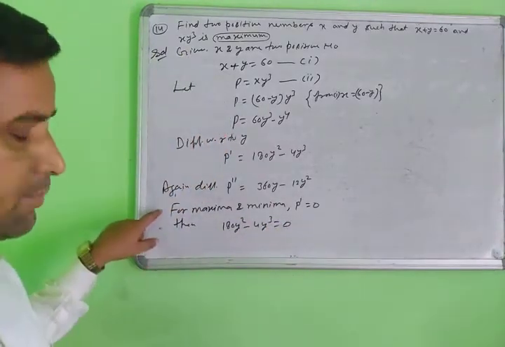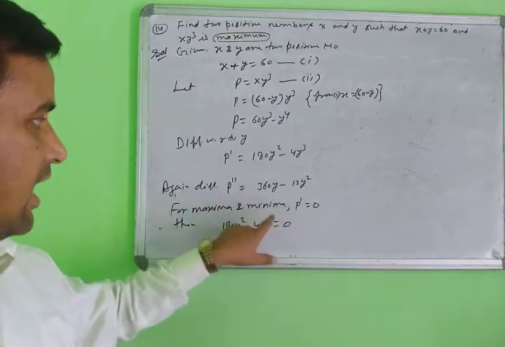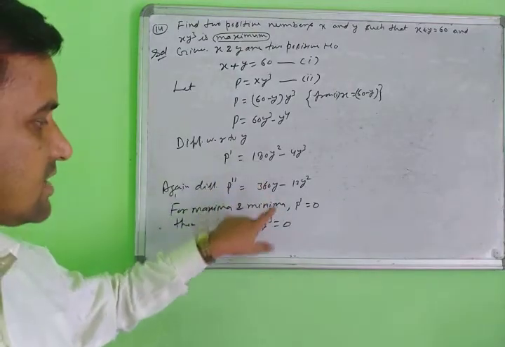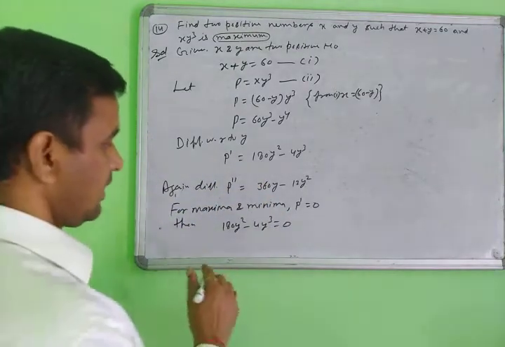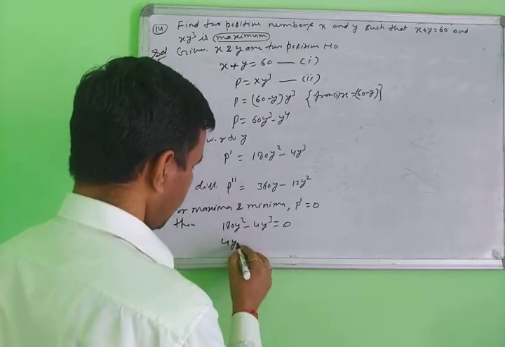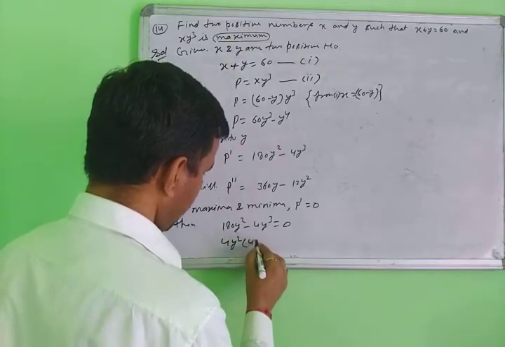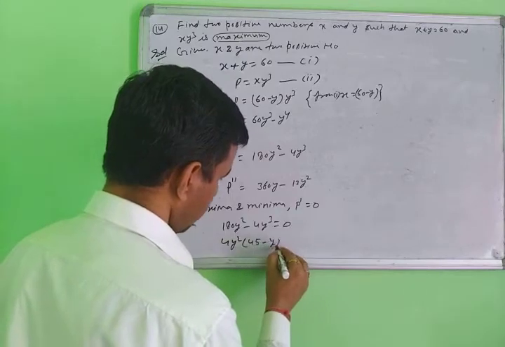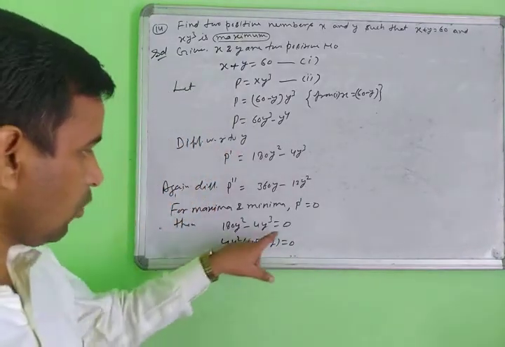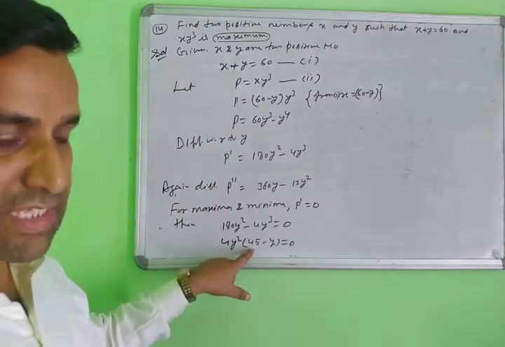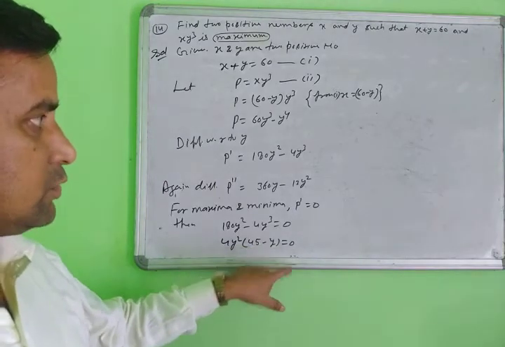This is using the first derivative test for maximum and minimum. Then taking 4 y square common, 4 y square times 45 minus y equals 0. I am taking 4 y square common here, and what is left inside is 45 minus y equals 0.